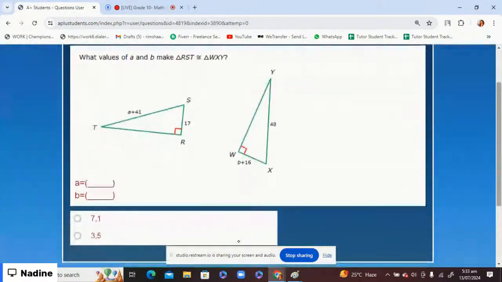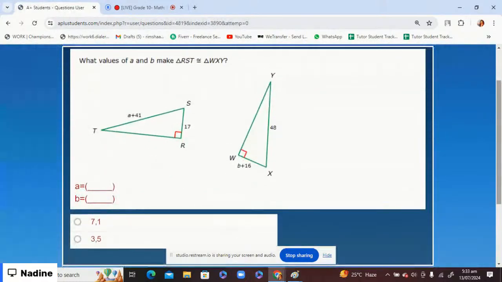Here you try to solve and then just put the answers. Okay, so what values of A and B make these triangles equal? Look at here. In place of A, for example, if you put 7, then 41 plus 7 is 48.